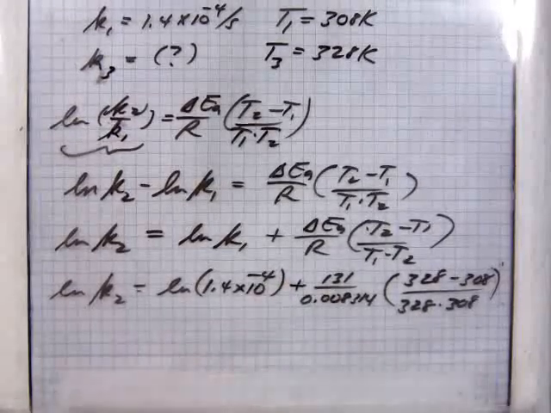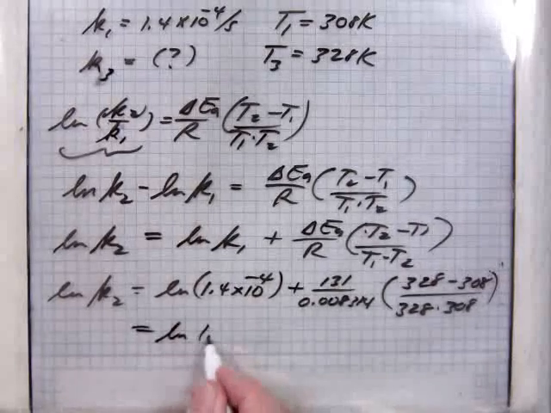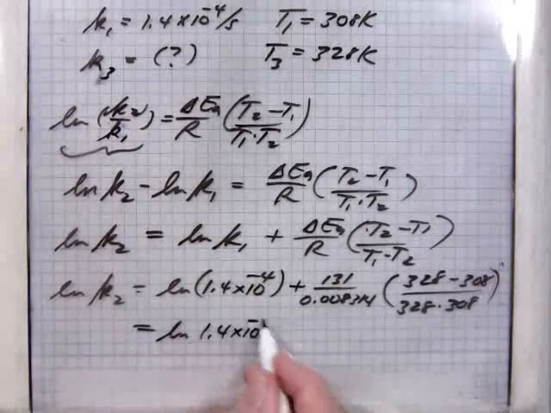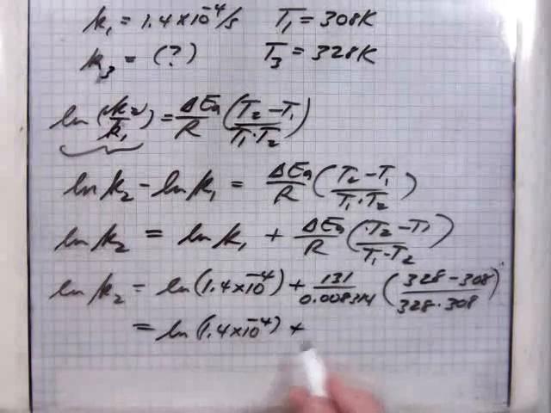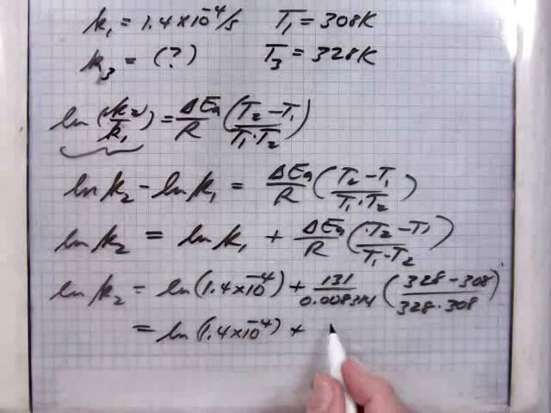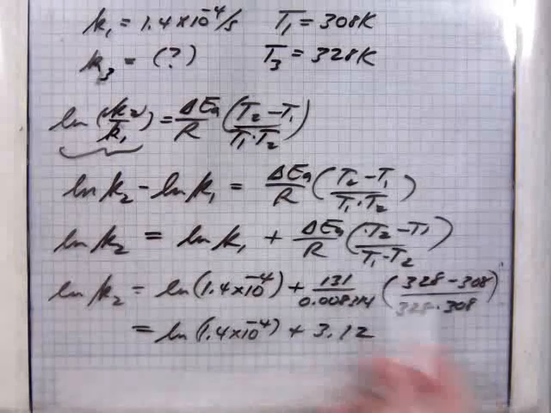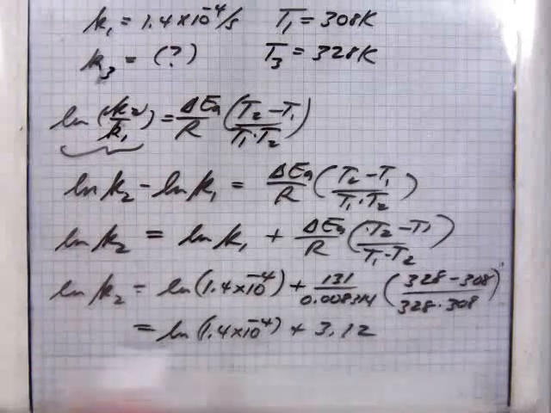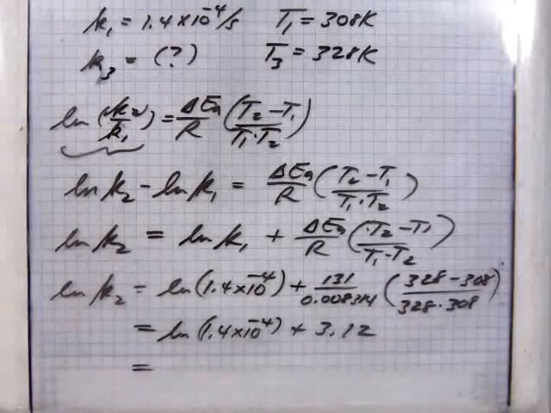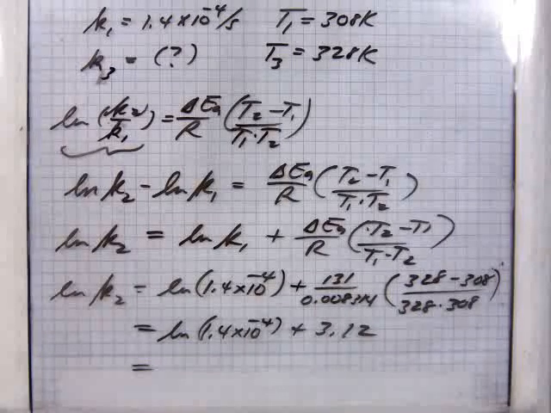Okay, and so ln of 1.4 times 10 to the minus 4 plus 3.12 is what I got for all of this computation over here. Correct me if I'm wrong. Store 1, clear. 1.4, 10 to the minus 4. Hit my logarithm button.